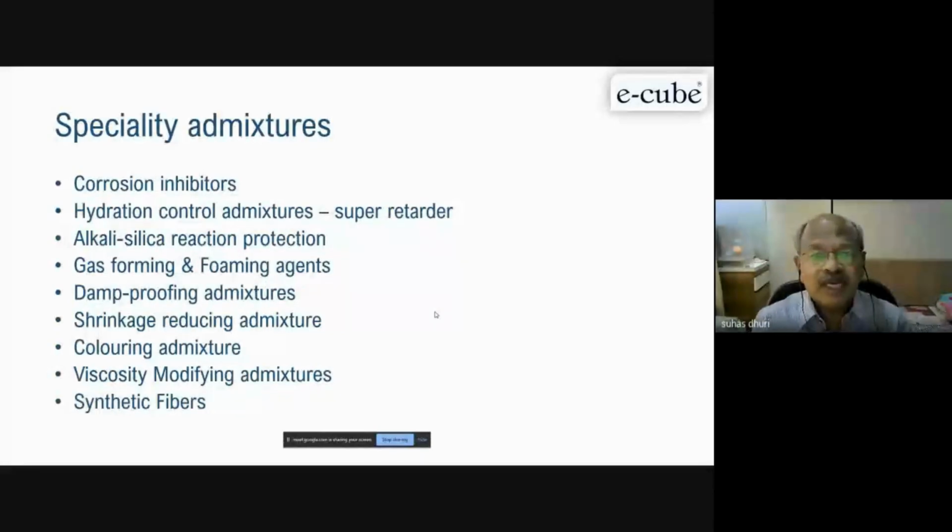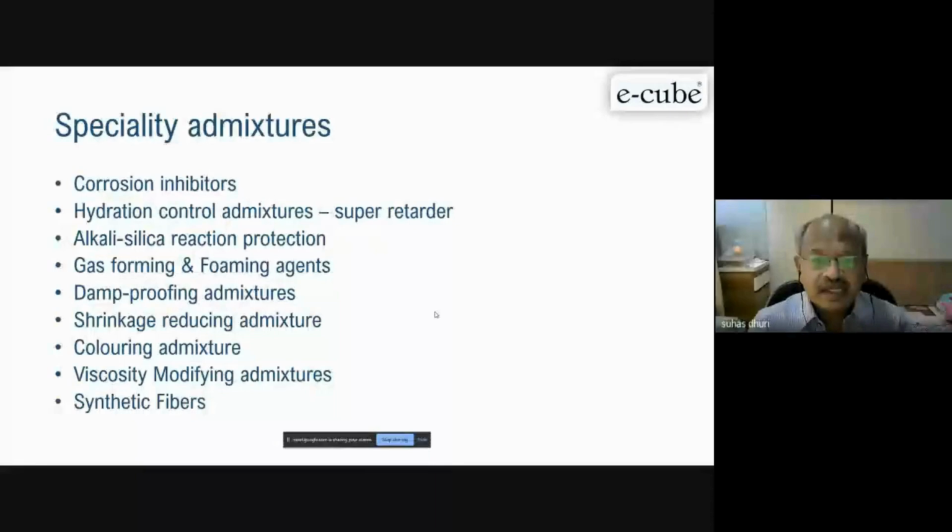A passive layer is created on the reinforcement which does not allow it to corrode. Those are available today in the market. So we can take care of your structures and design for a longer life.